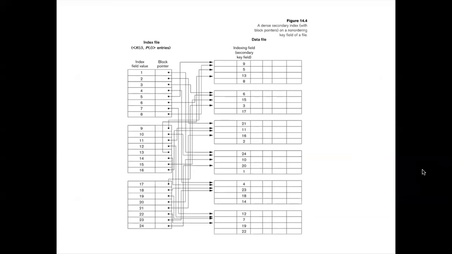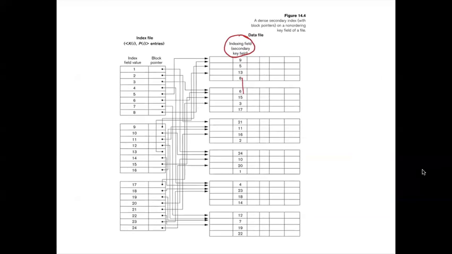Here we are using a different field as the index field. It is not named here, but you can understand that this is a non-primary key field. Here you see 9, 5, 13, 8. The data is not sorted according to this field. And also you can see some repetitions.